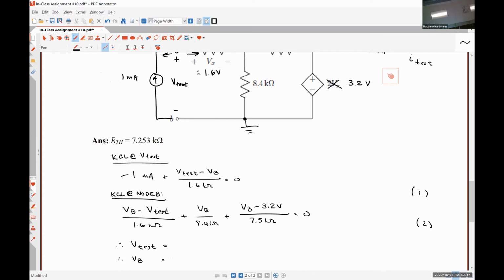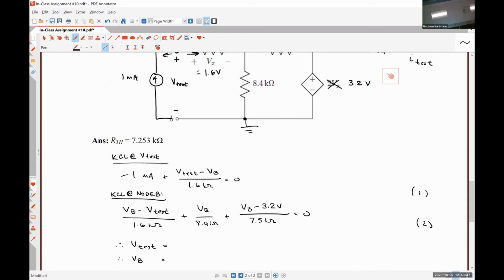All right, so let's go to our 2x2 system solver. So our coefficient for V test in the first equation is 1 over 1600. Our coefficient for VB is negative 1 over 1600. And when we move the constant over to the right-hand side of the equal sign, that's going to be 0.001, where I'm putting everything in terms of ohms and amps and volts.